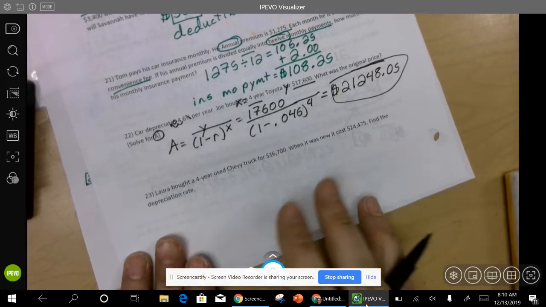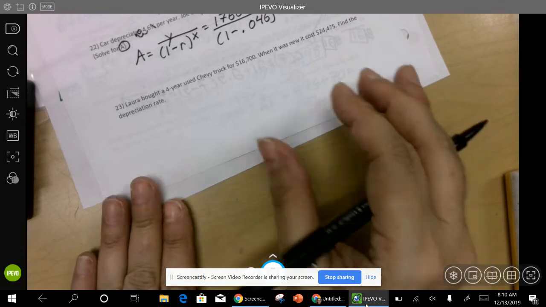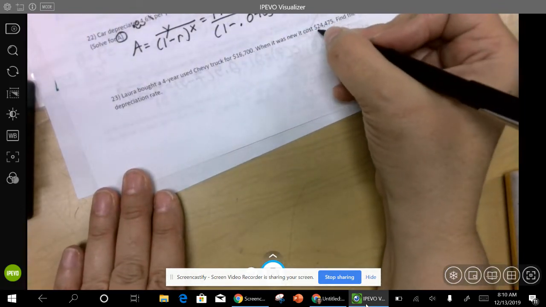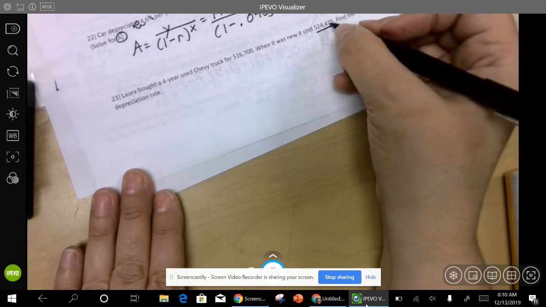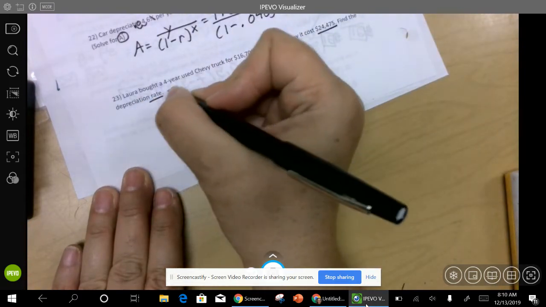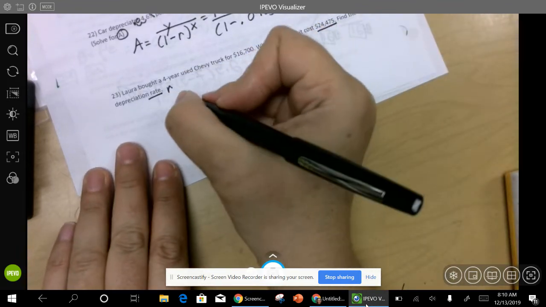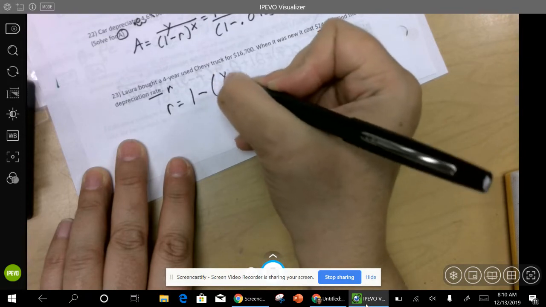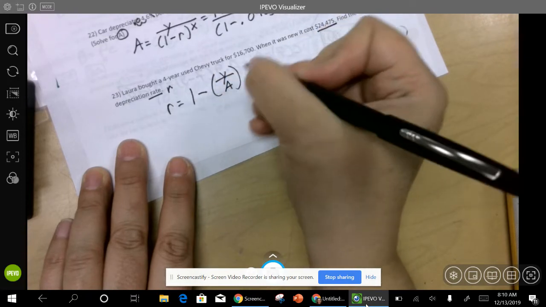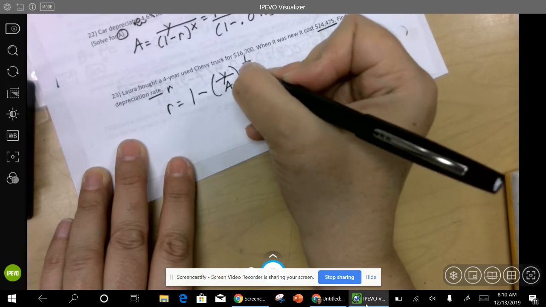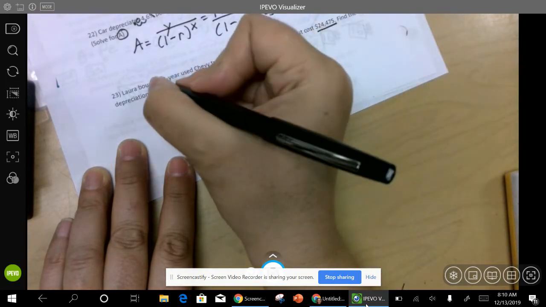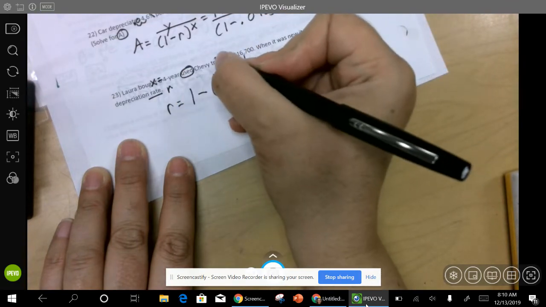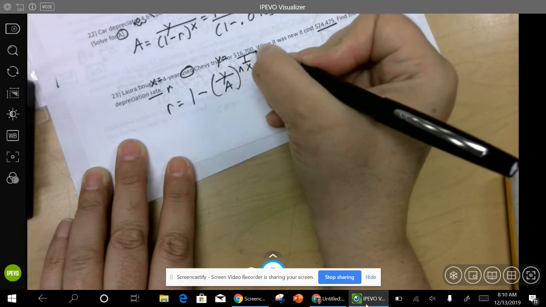Okay, so this one, Laura bought a 4-year-old Chevy truck for $16,700. When it was new, it cost $24,475. Find the depreciation rate, so that's R. Okay, so remember, R is equal to 1 minus Y, the used price, over A, the original, raised to the 1 over X. X is going to be 4 years, used, so Y is the 16,700.